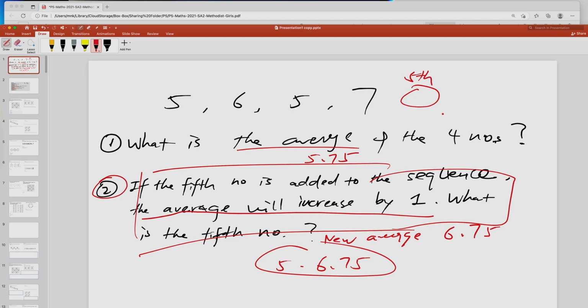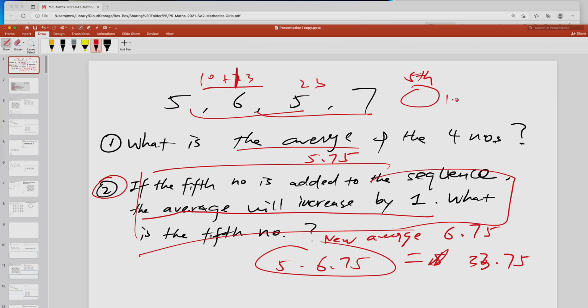So this is 10. This is 13. What's the total here? 5 times 6.75, that is 33.75. Then you minus the 23. Yep, so it's 10.75. That's how you get the answer.